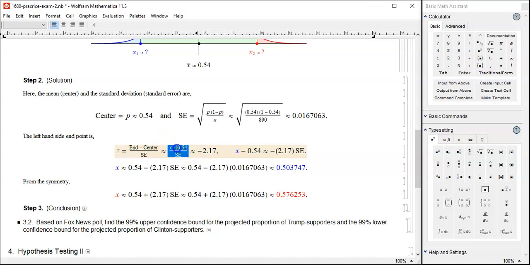So x minus center over SE, where SE is, as we calculated, this one. So let's solve that equation. Flip over the denominator to the other side, then you're going to get this times that, and then flip over this subtraction to the other side, then I'm going to get plus.